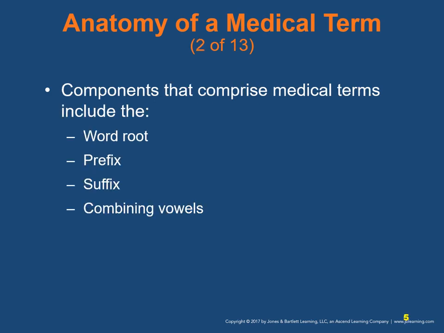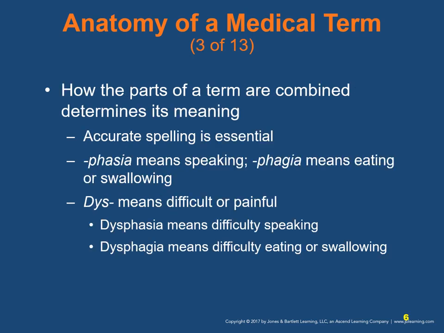Components that comprise medical terms include the word root, which is the foundation of the word, the prefix, which occurs before the word root, the suffix, which occurs after the word root, and the combining vowels that join one or more word roots to other components of a term. How the parts of a term are combined determines its meaning.